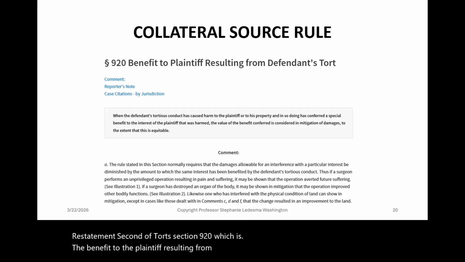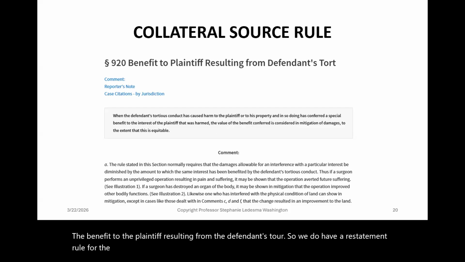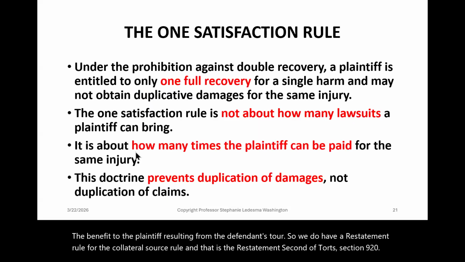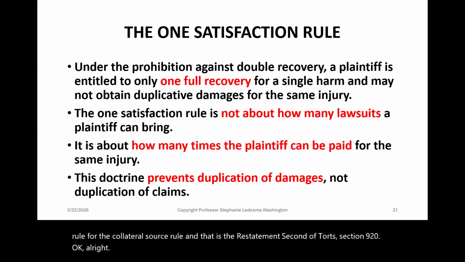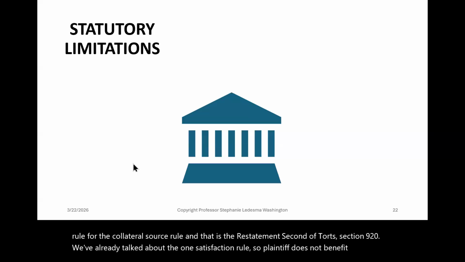So we do have a restatement rule for the collateral source rule, and that is the Restatement Second of Torts, section 920. We've already talked about the one satisfaction rule. So plaintiff does not benefit from double recovery. And that's the collateral source rule.